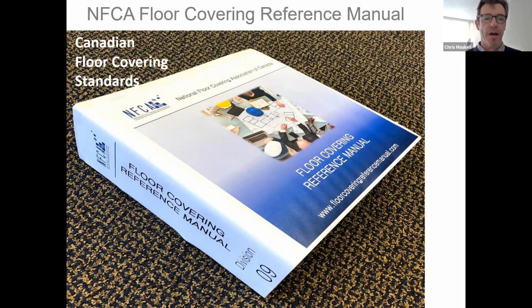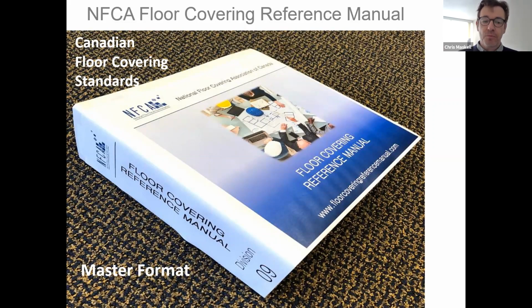This document targets the Canadian floor covering industry, although in the world of flooring, the rules and regulations pretty much cross international borders. It's a round the globe language, flooring. It's done the same in Australia as it's done here, et cetera, et cetera.